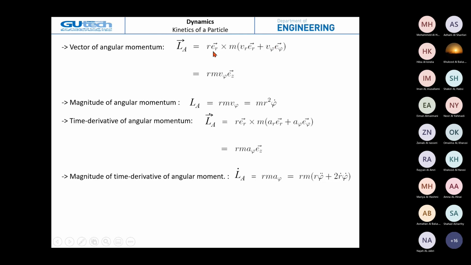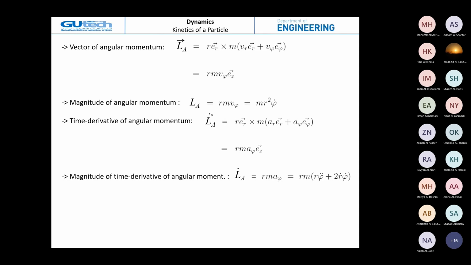Now, if we take R ER cross M Vr ER, the Vr and R are scalars, and M is a scalar. The two vector components are only ER, so we have ER cross ER. This will be equal to 0, as it is the same vector, and we know the cross product of parallel vectors is always equal to 0.